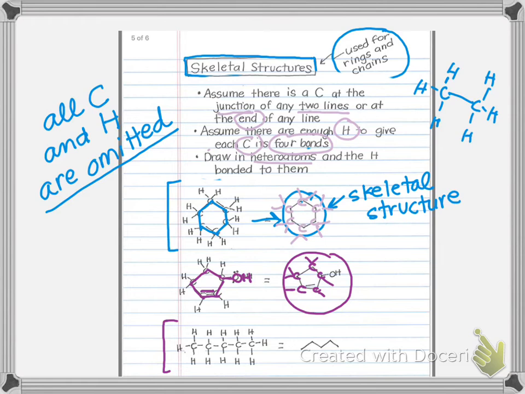They would go one, and that would be this one. And they do another one, that would be this one. Another one, another one. And so at each end or junction, we would assume a C, and then we would need hydrogens to go with them in order to give each carbon 4 bonds.